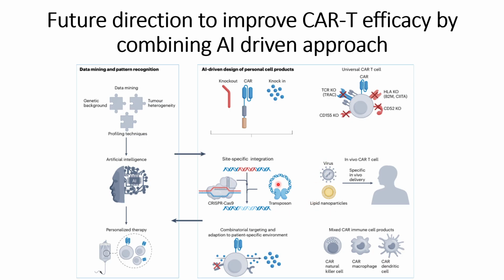The CRISPR-Cas9 system will be designed against the genes that need to be knocked in or knocked down based on the information provided by artificial intelligence, and these are then packaged into the virus or lipid nanoparticles that have a specificity to target the T cells, or we can say in vivo CAR-T cell generation. And since the system is optimized for individual patients, the chances of side effects are very low.